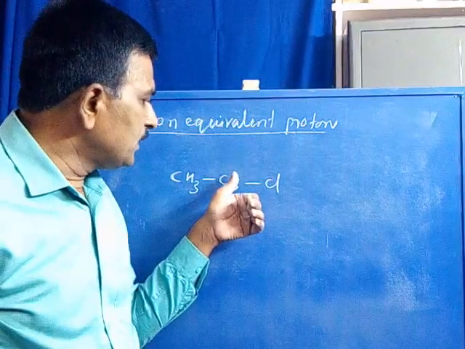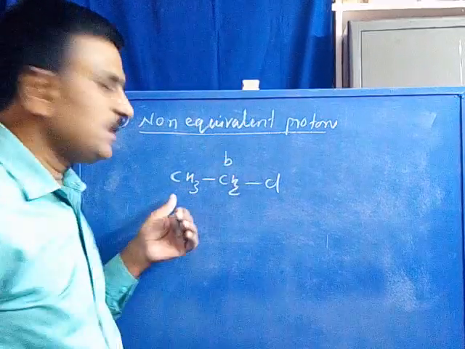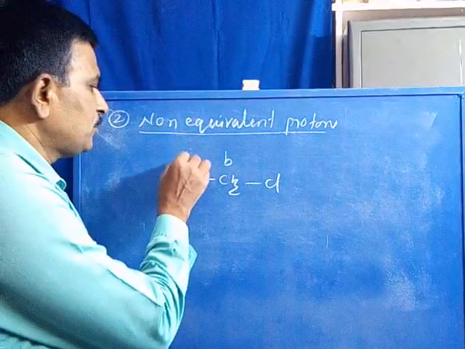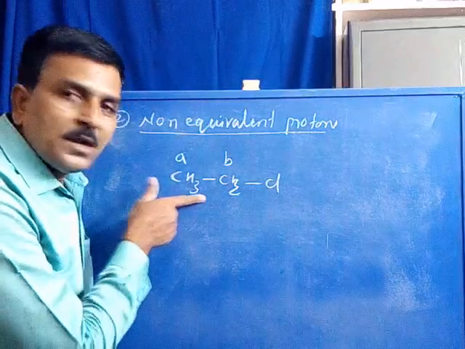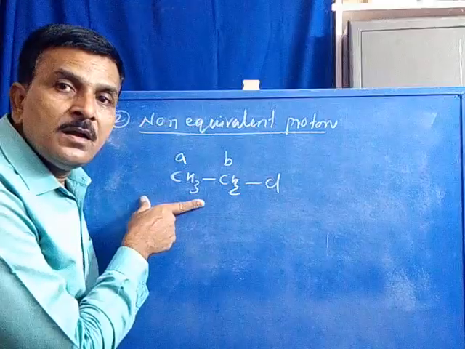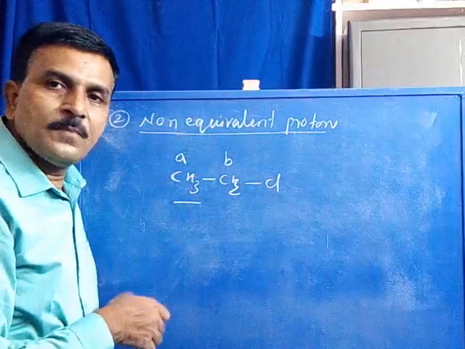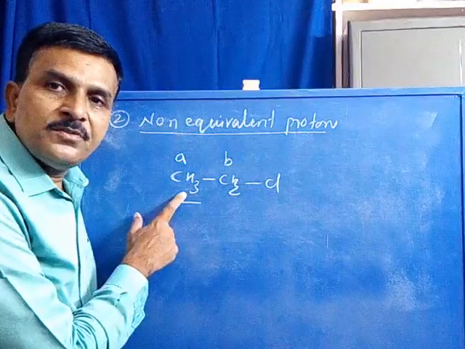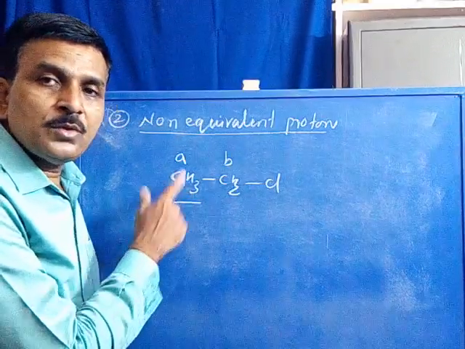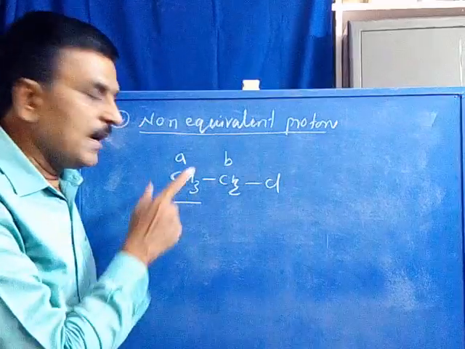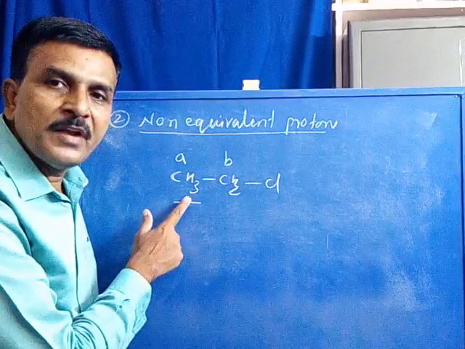The 2 protons of CH2 belong to one group, and the 3 protons of CH3 belong to another group. Considering only CH3, the 3 protons of this group are under identical magnetic and chemical environment, therefore equivalent.